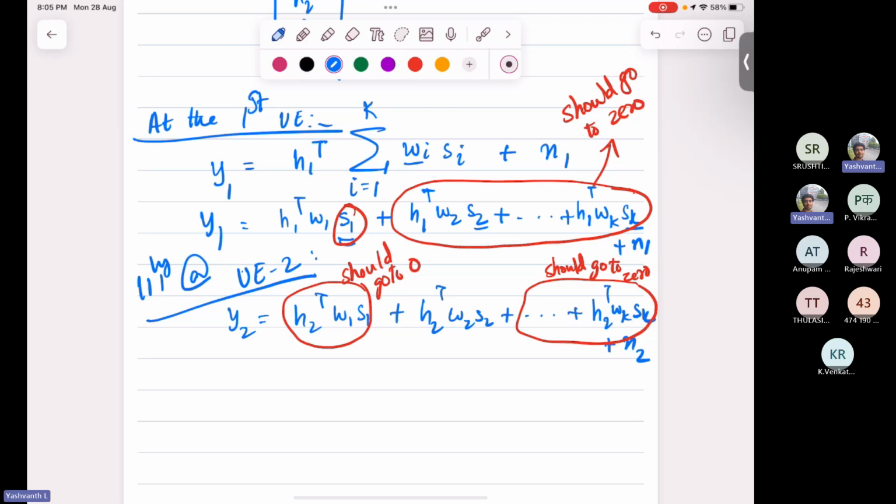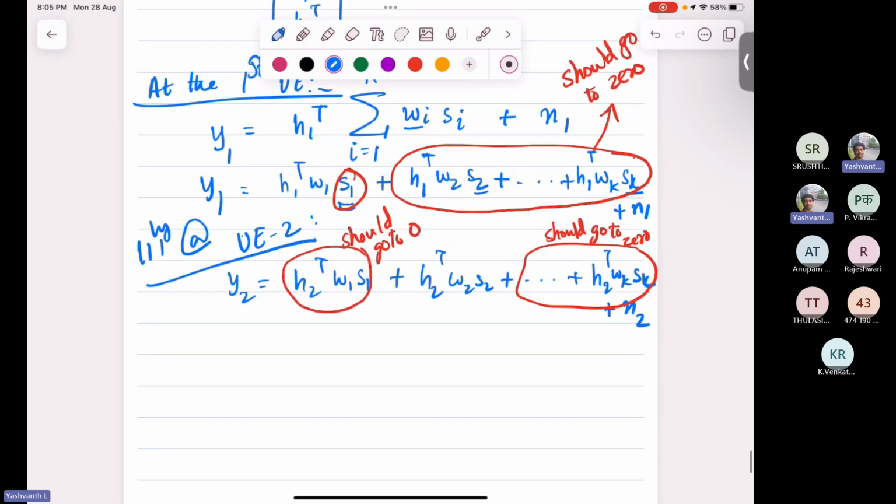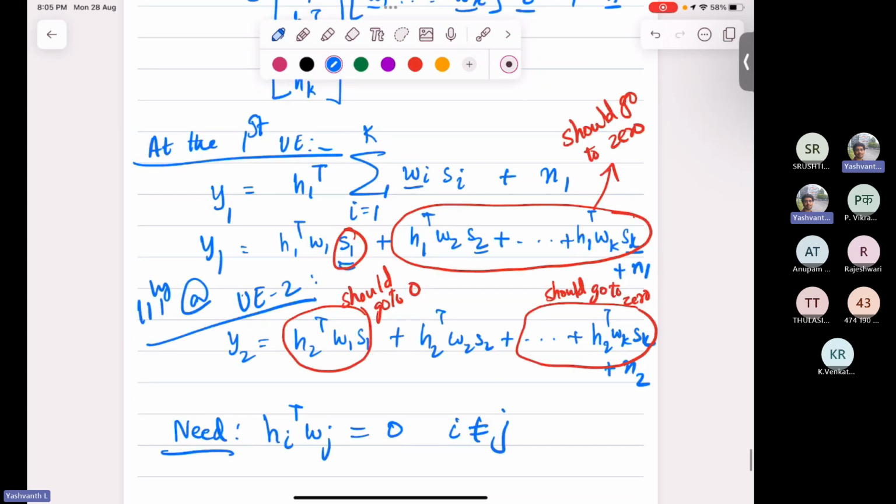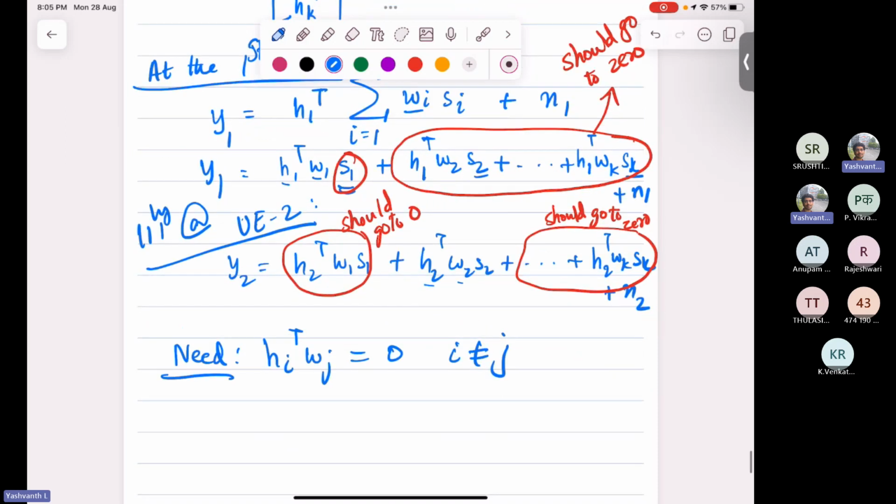Let me give the solution directly. What do I want? The requirement is Hi transpose Wj should go to 0 whenever i is not equal to j. Clearly, for H1 W1, H2 W2, whenever there's a cross term product Hi times Wj wherever i and j are not equal, I want those terms to go to 0.